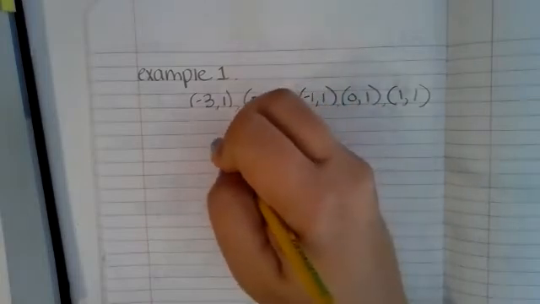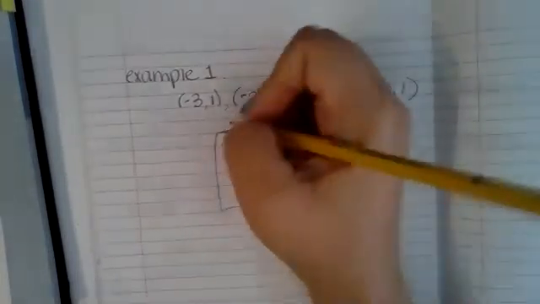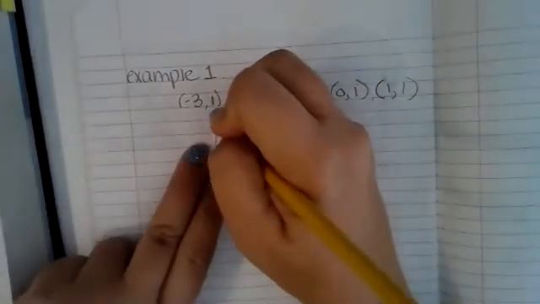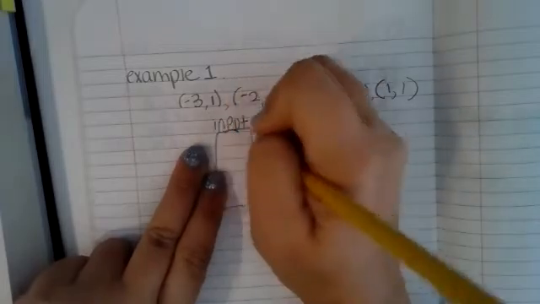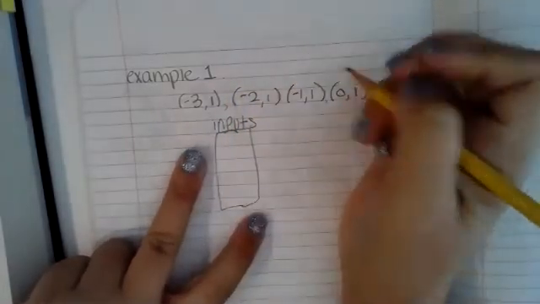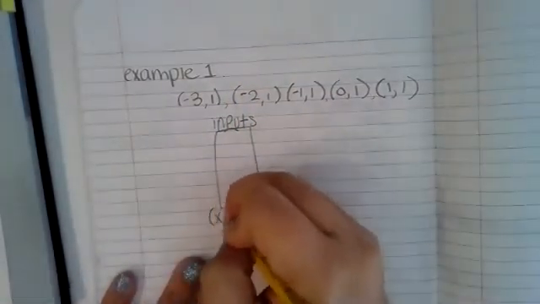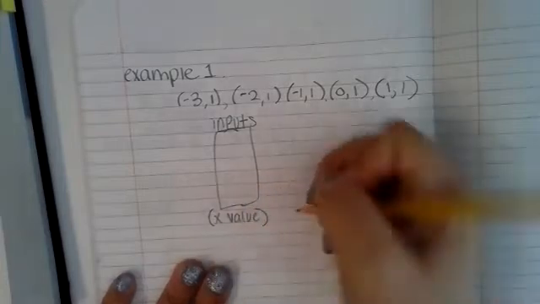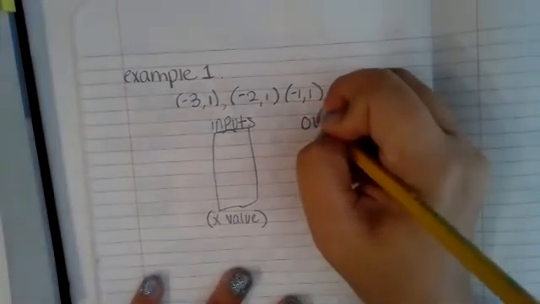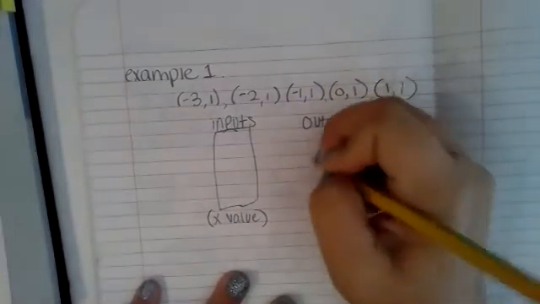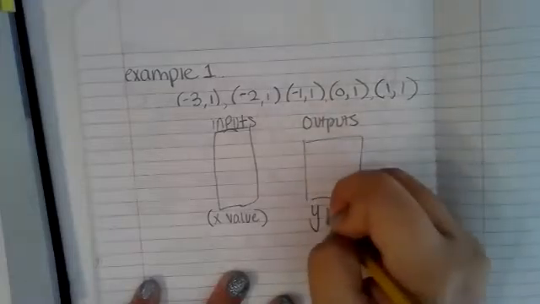Sometimes it looks like this, and we call this one over here inputs, which would be my X values. And then this over here is my outputs, and this is my Y values.